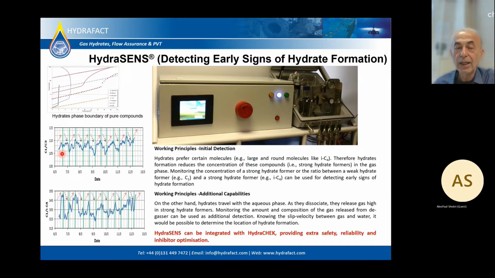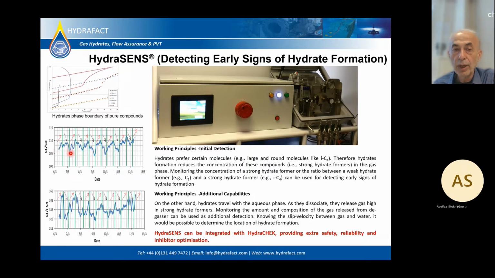But together with using anti-agglomerant, they put in an online GC analysis. And they saw this figure. They were part of the project.